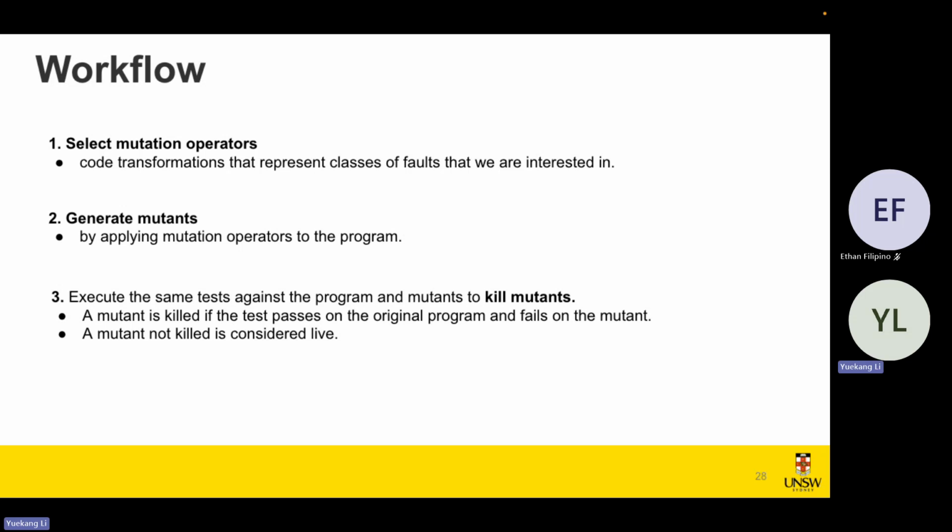So if the tests can pass the original program but fail on the mutant, then this mutant is killed. And if a mutant is not killed by any test case, which means that it can pass all the test cases we have, then this mutant is considered as alive or it has survived.